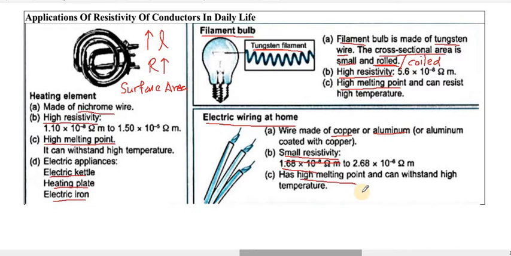So in this context, high resistivity is something that is no good, because it causes electrical appliances to heat up and waste not only electrical energy, but the constant heating up and cooling down of electrical appliances can make them break down faster.